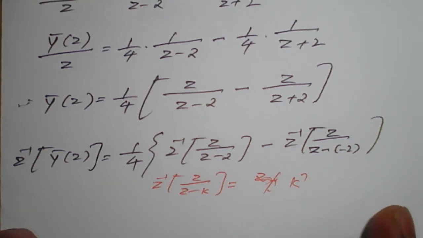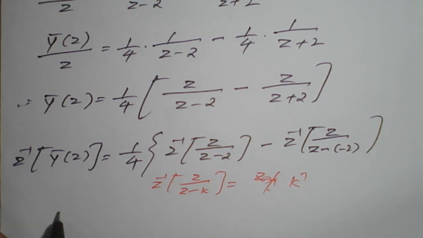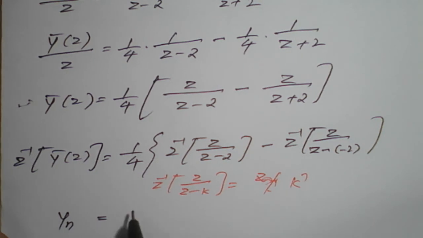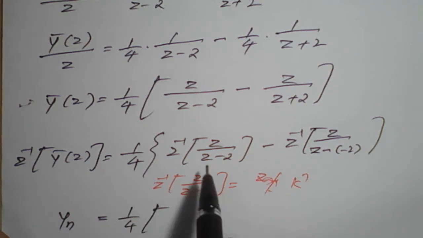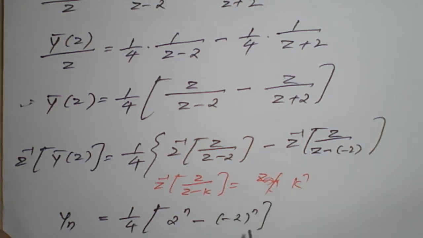So if you apply this formula in the above situation, z inverse of y dash of z is nothing but yn is equal to 1 by 4 times, it will become 2 raised to n minus of minus 2 raised to n.